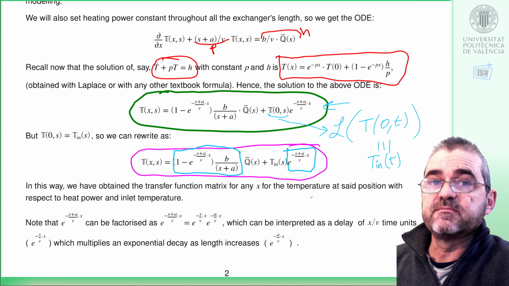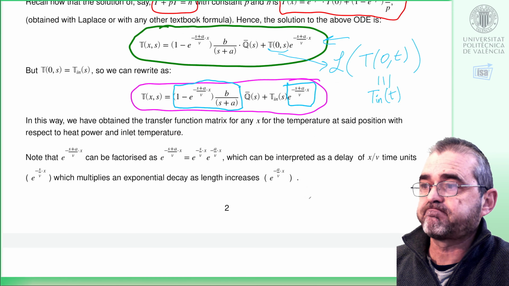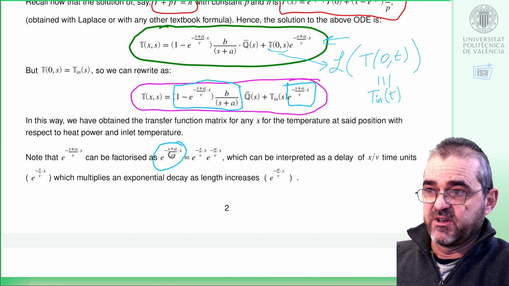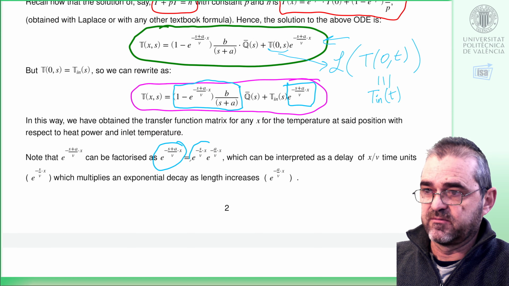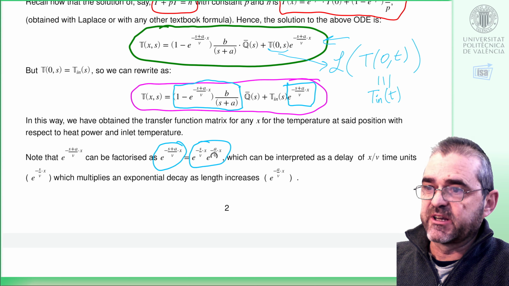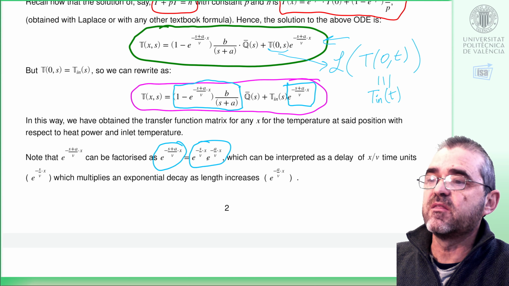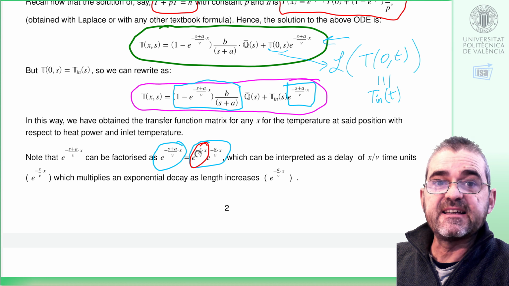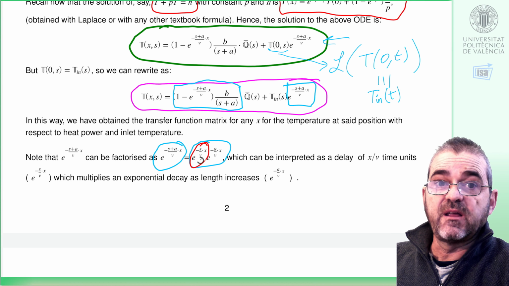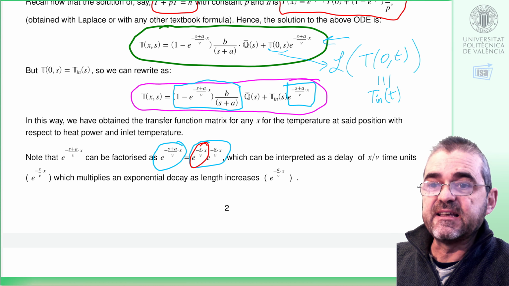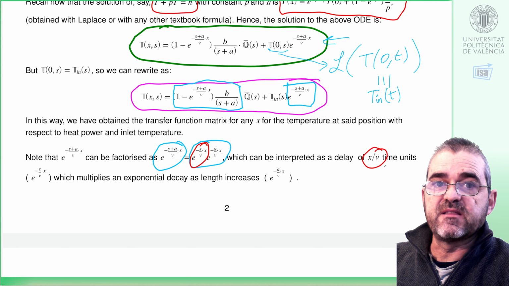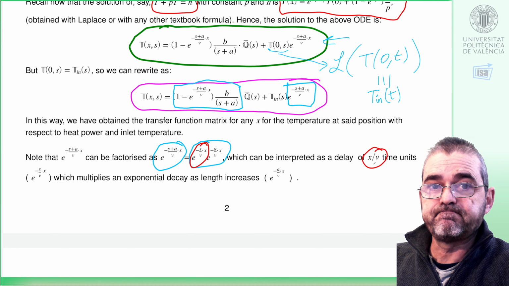What do we observe in this expression? Well, if we factorize the exponential of the sum as the product of two exponentials, then the pure exponential of s times some number is the Laplace transform of a delay of x divided by the speed of the flow.